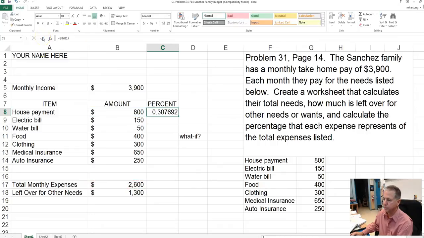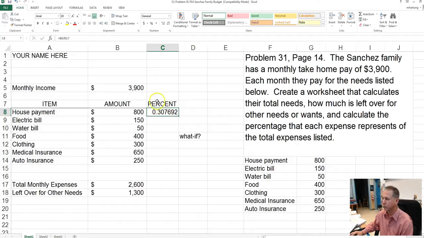check mark. All right, so we get a decimal value here. One of the things you really need to become proficient at is converting decimals to percentages. Some of you perhaps remember from your earlier math courses that a decimal value can be converted to a percentage by moving the decimal point 2 places to the right, because percent essentially means per 100, and then, of course, adding the percent sign.